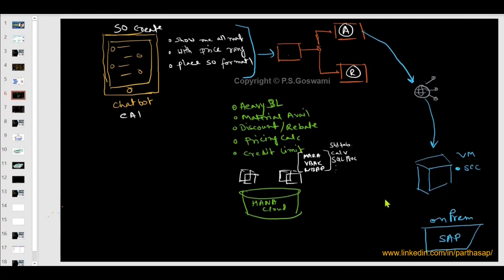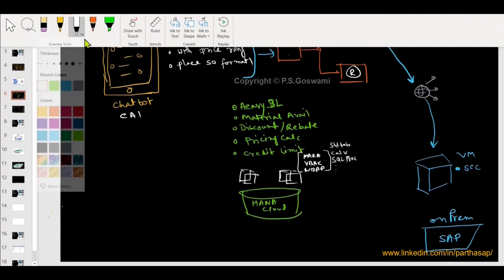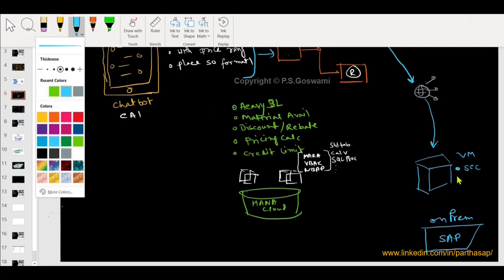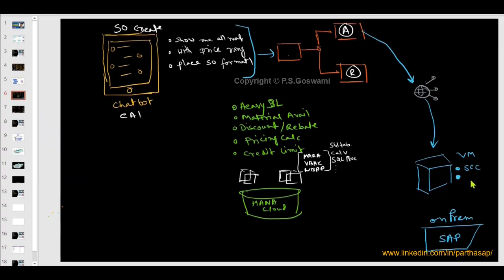So where will this data be coming from? It will be coming from the backend that I was telling you. For that, we actually need a very efficient technology, that is the SDI, and for that we need the data provisioning agent. Last day's session we have already seen this. So the data will then be coming from our backend system to our HANA Cloud.